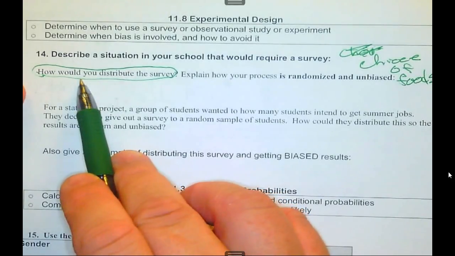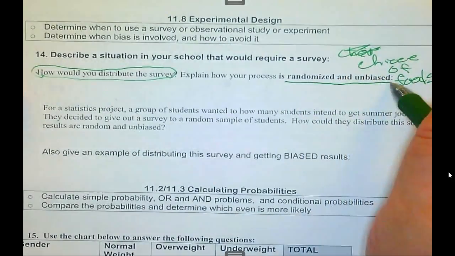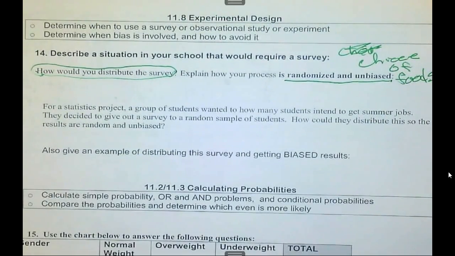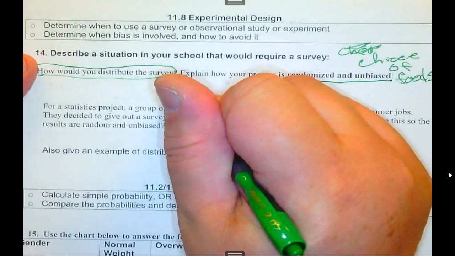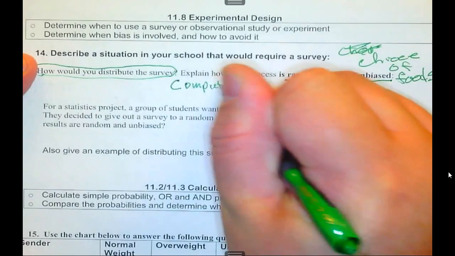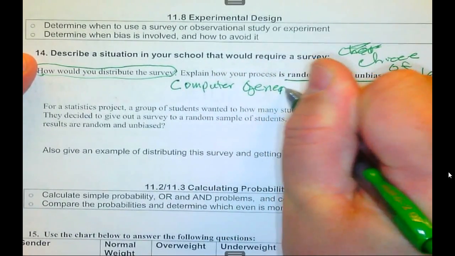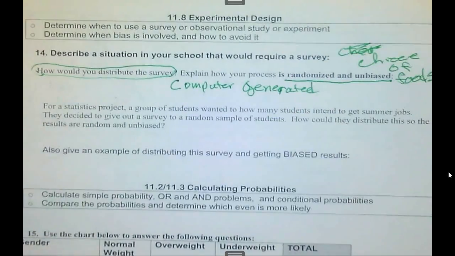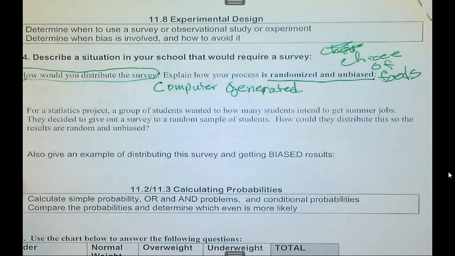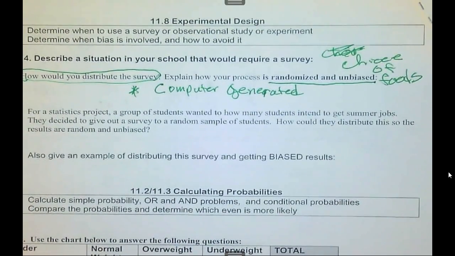When you distribute or collect data, make sure it's randomized and unbiased. Say computer generated. That would be completely random, because a computer can't be biased. In fact, that would even take care of your bias too. This is an excellent answer for keeping things randomized.